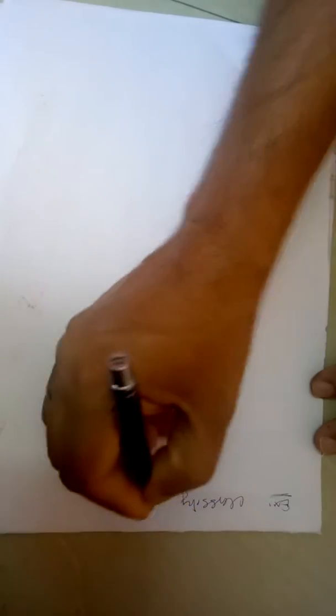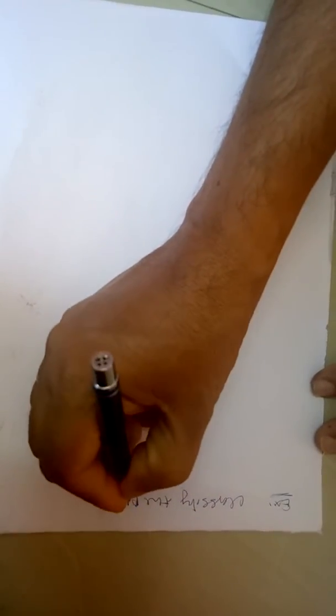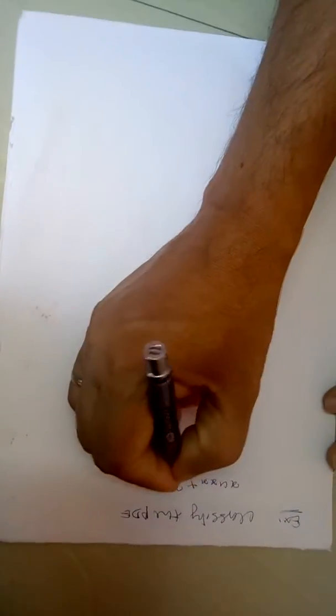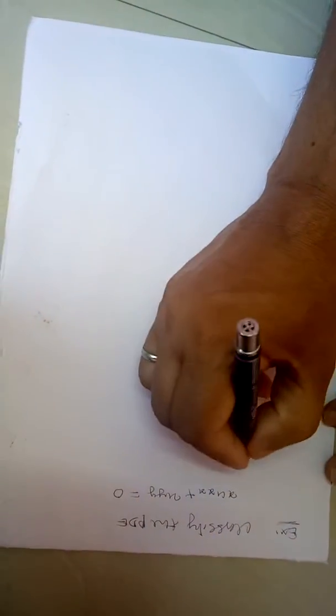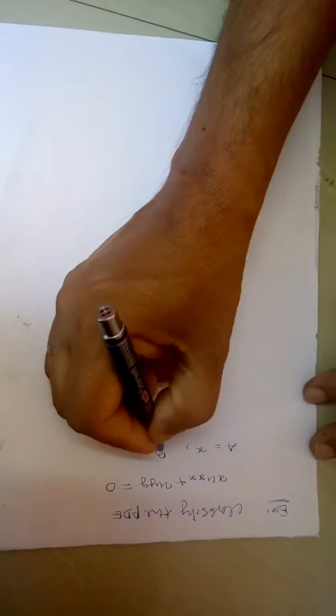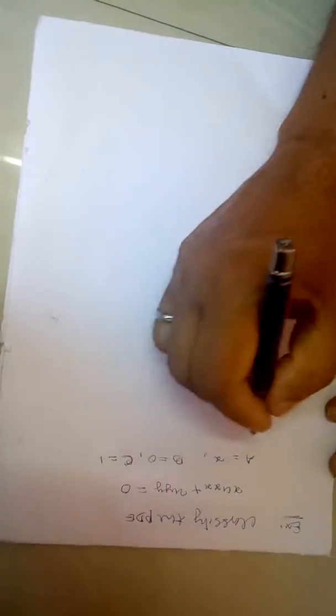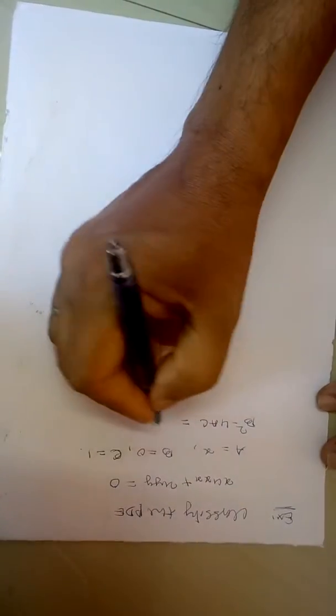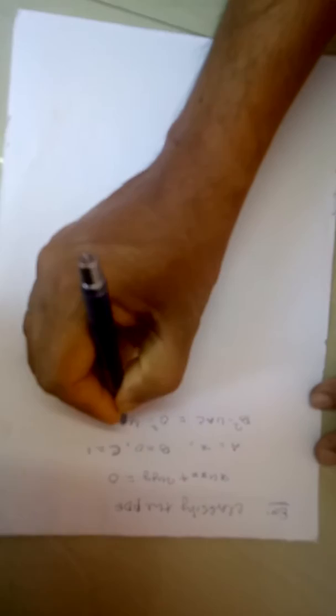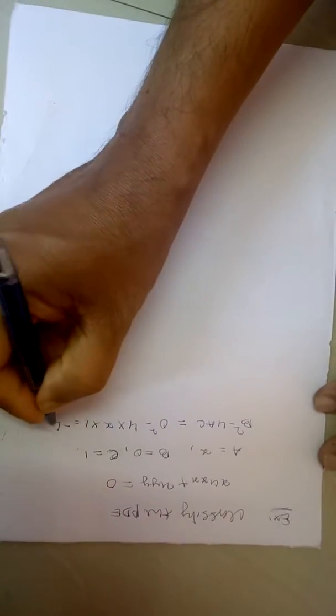For example, suppose I give you an example. Classify the PDE x uxx plus uyy equal to 0. Now a equal to x, b equal to 0, c equal to 1. So b square minus 4ac is equal to 0 square minus 4 into x into 1, so minus 4x.